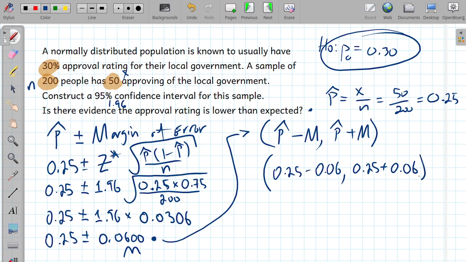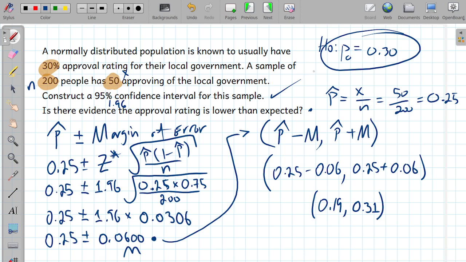Well, what does that work out to? That gives us a lower bound of 0.19 and an upper bound of 0.31. And this is a 95% confidence interval. And that's what we needed to do to answer the first part.